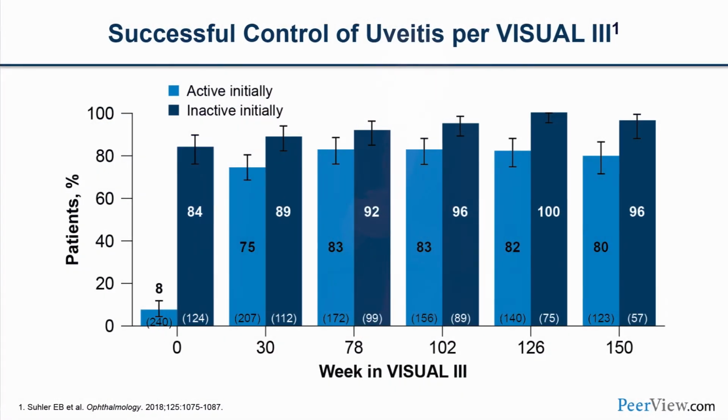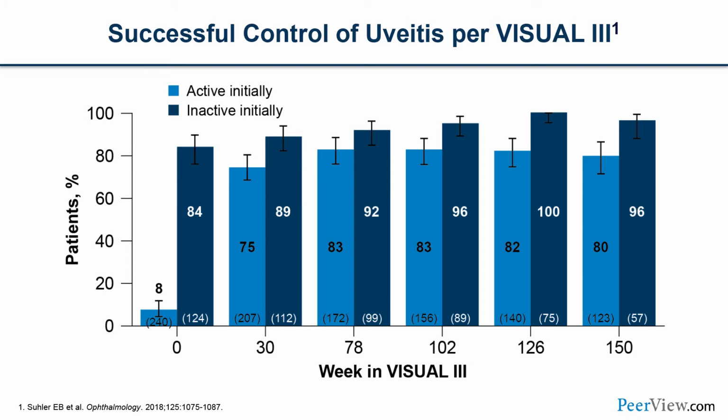Well, in the graph that I'm showing now, in the data from Dr. Suler's paper, you see that patients who started out and they were active initially and then enrolled in Visual 3, after 150 weeks, more than 80% were well controlled. And if they were inactive initially and they were enrolled in Visual 3, more than 90% were controlled.